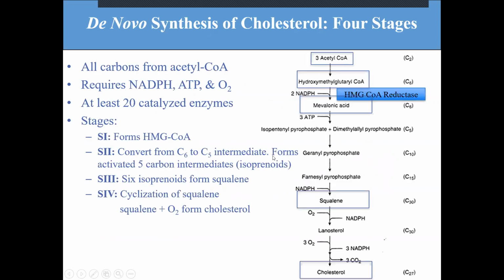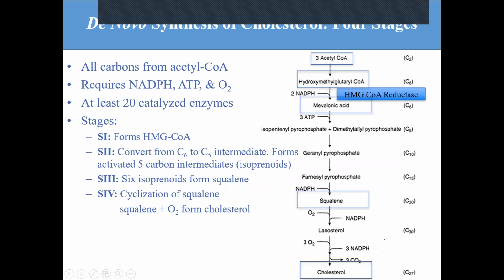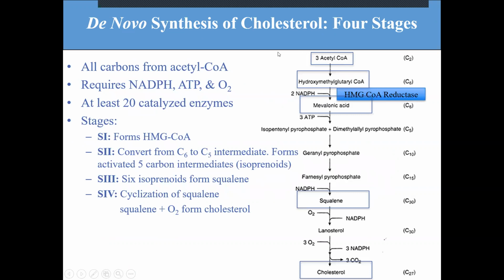All right. So this is a very big graph, and it looks like it has a lot of details. But from the lecture, the doctor mentioned that he only wants you to focus on these molecules that have a box around them. Okay. So the main source of carbon for cholesterol comes from acetyl-CoA.